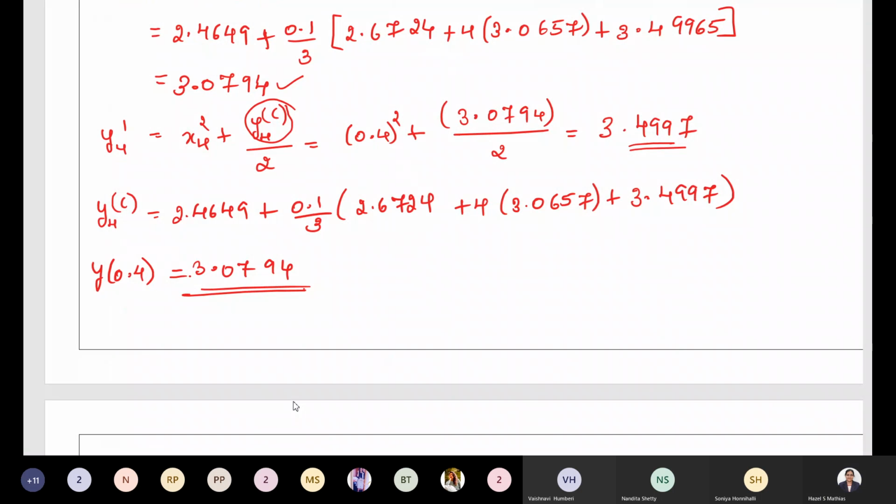Any doubt in this numerical predictor and corrector methods? Anybody, any doubt? No, ma'am. All these things are clear to everyone? Yes, ma'am.